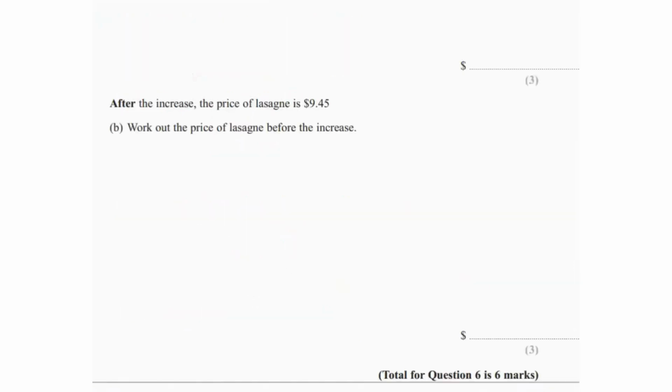Then it says, after the increase, the price of lasagna is 9.45. Work out the price of lasagna before the increase. Since they increased the price of the entire menu by 8%, which means that 9.45, which is the new price, is basically 108% of the old price. So 9.45 equals 108 over 100 of the old price, which is X. This is what we're trying to find.